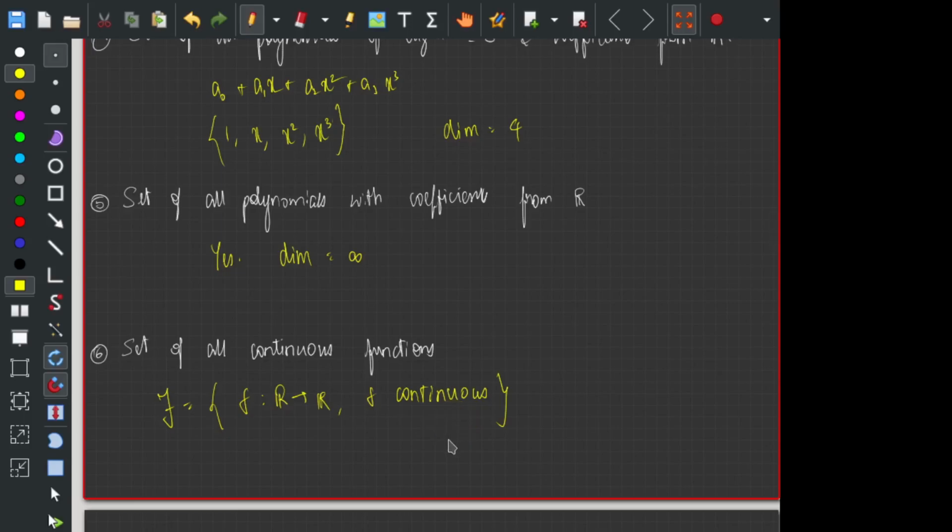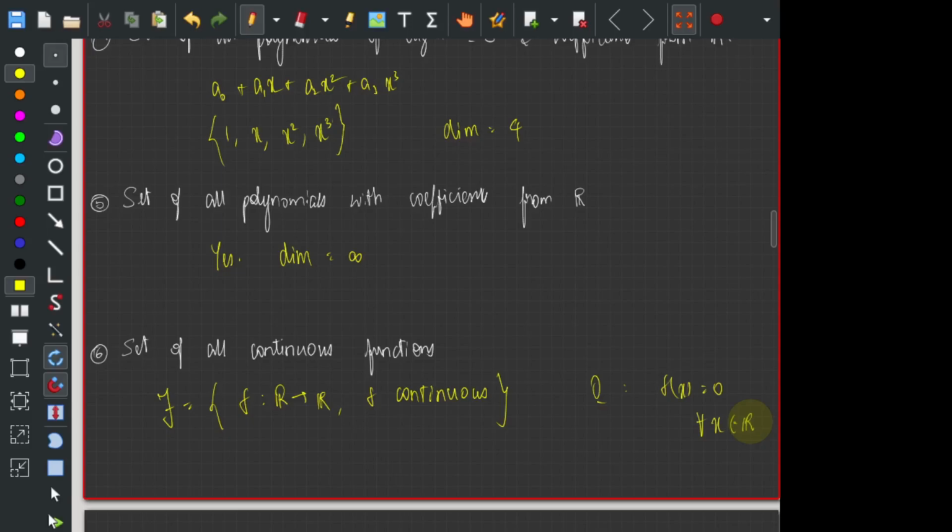What are the other properties that we have to check? What is the zero? What is the identity element? It's the zero function. So the identity is basically f of x equal to 0 for all x. Right? So that's the additive identity.